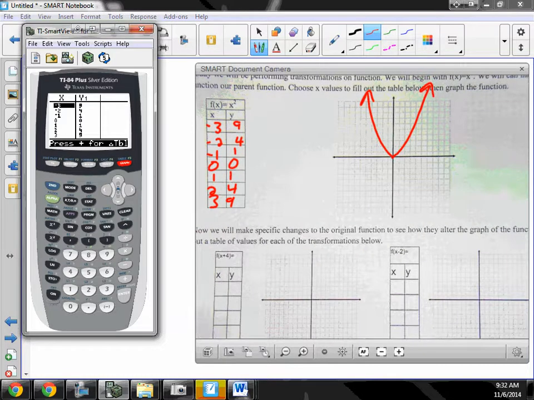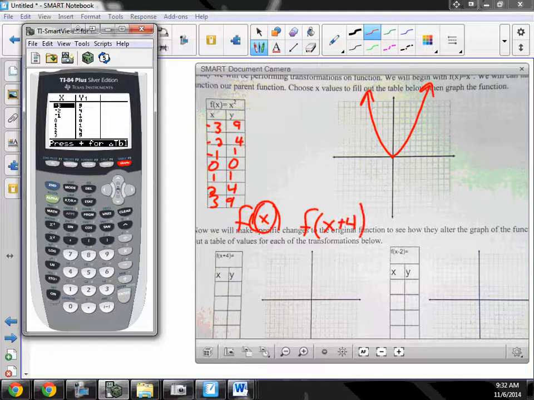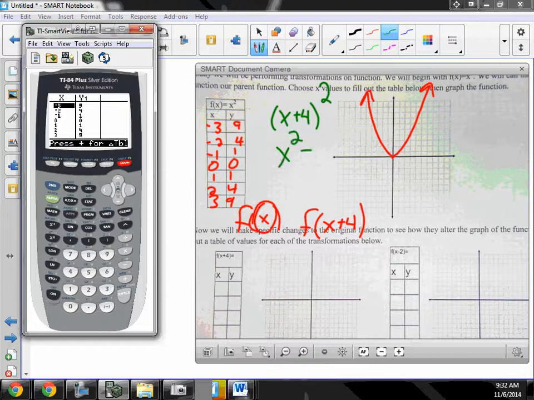Now down below, we're going to graph f of x plus 4, which means we're going to replace the x in f of x with x plus 4. So it's going to look like f of x plus 4. There's a difference between x plus 4 squared and x squared plus 4, and you have to understand this distinction to be able to do anything in transformations.